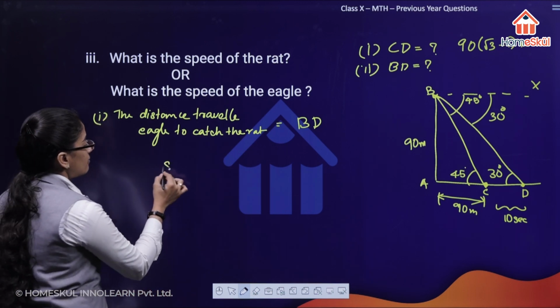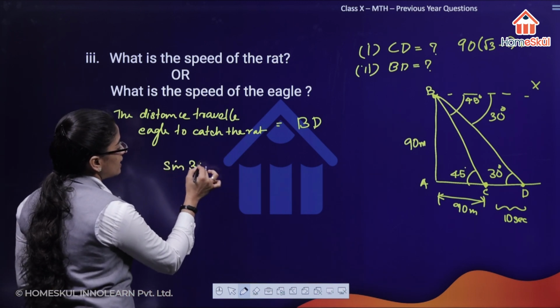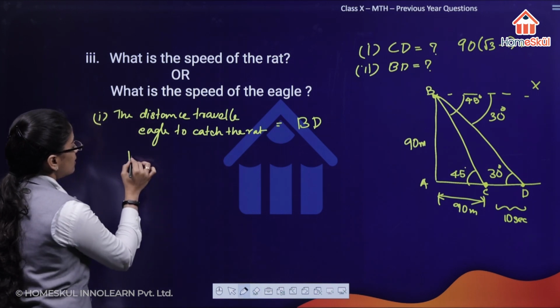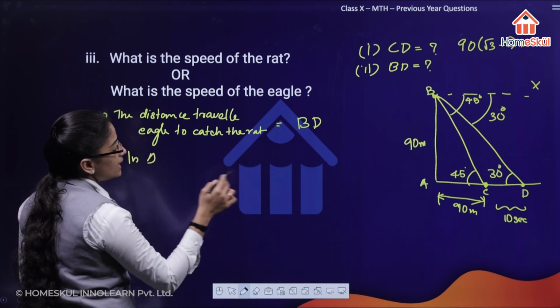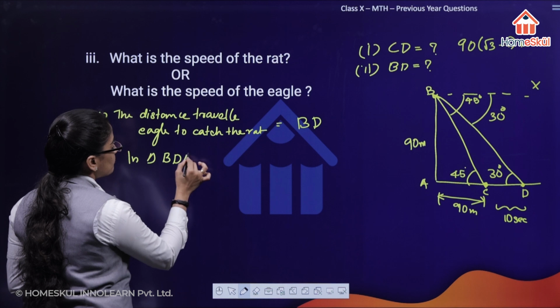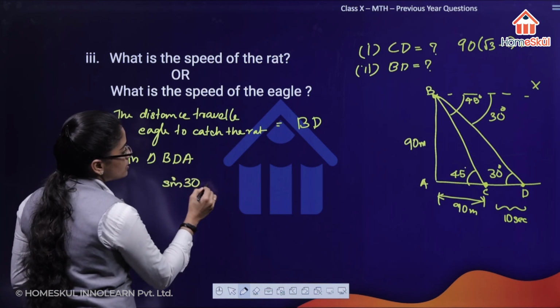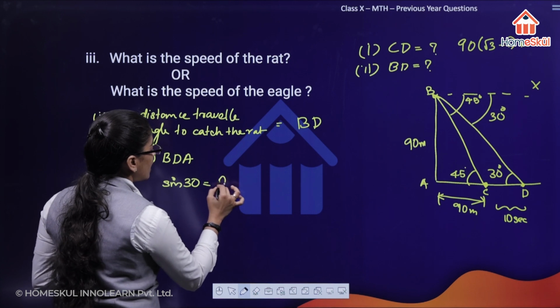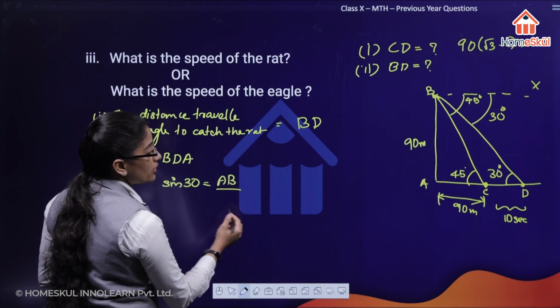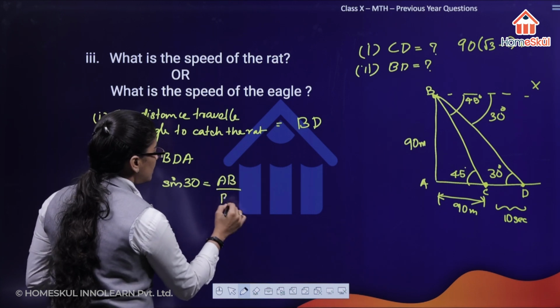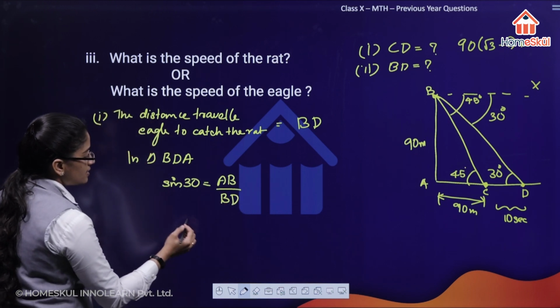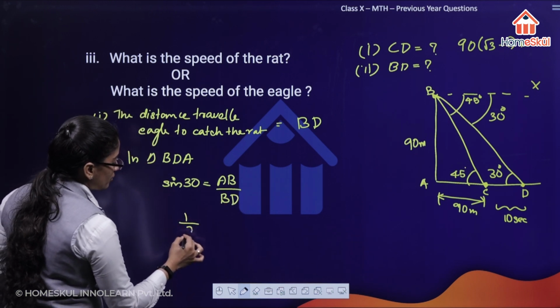That means there we could consider sine 30 degree, right? In triangle BDA, sine 30 degree is equal to opposite side AB by hypotenuse, that is BD. Sine 30 degree is 1 by 2, right?